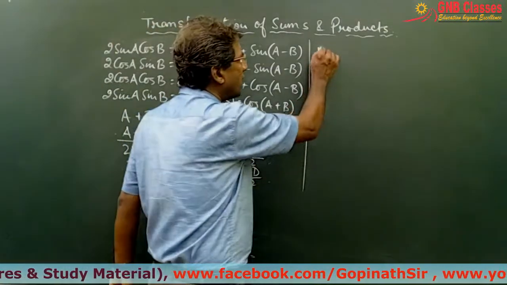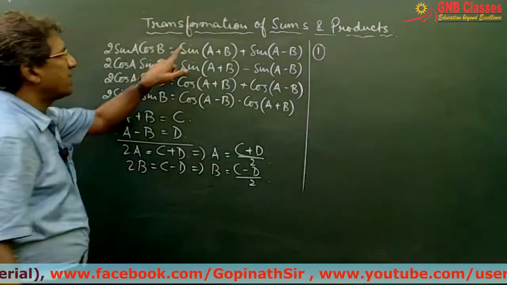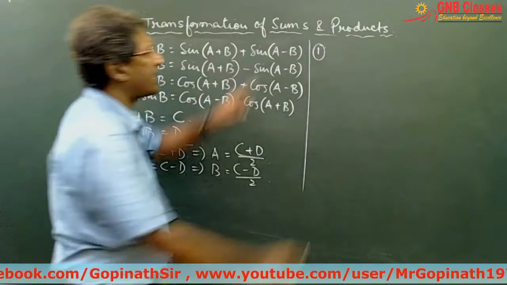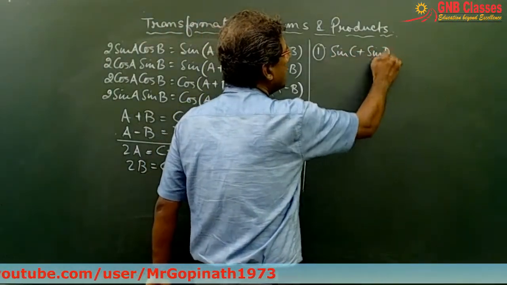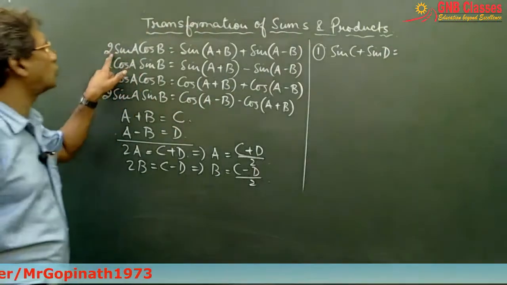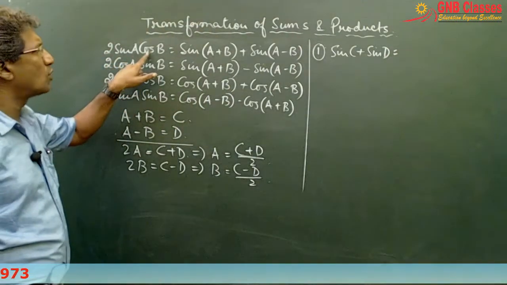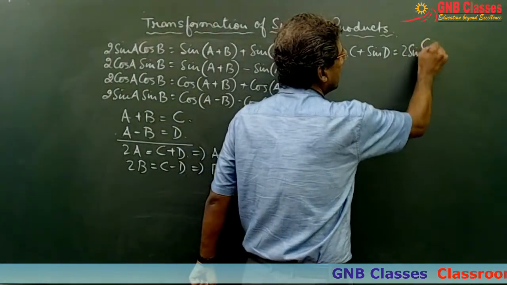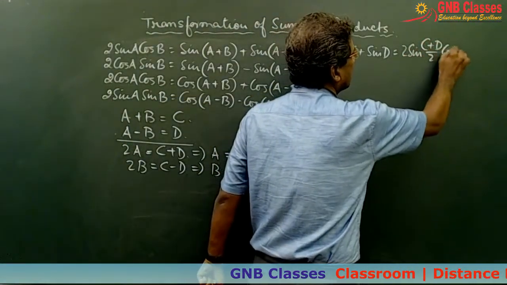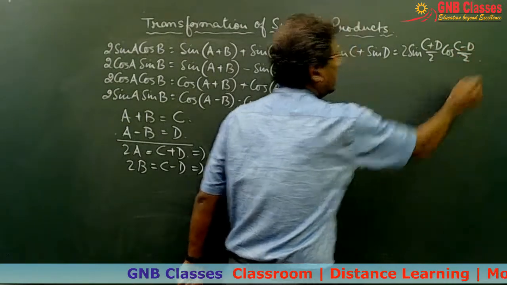From the first one, we are getting, look at carefully, it will be sine C plus sine D, which will give you, in the left hand side, 2 sine C plus D by 2 cos C minus D by 2, right?